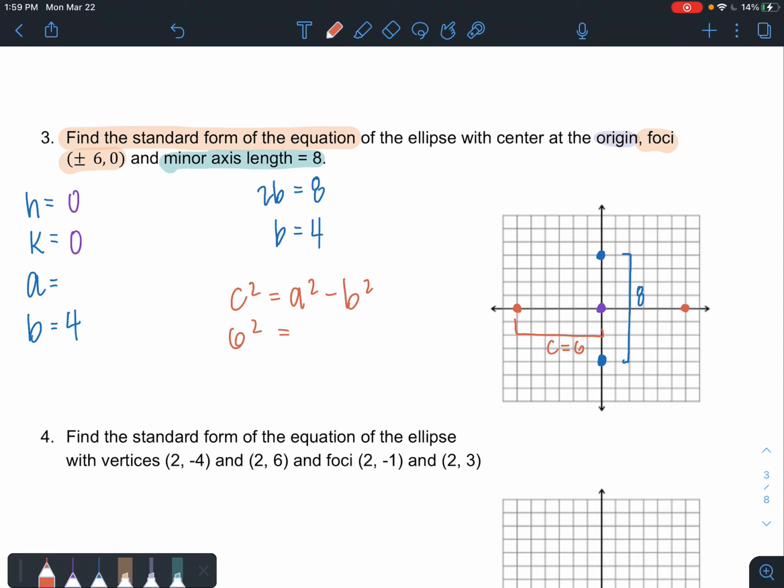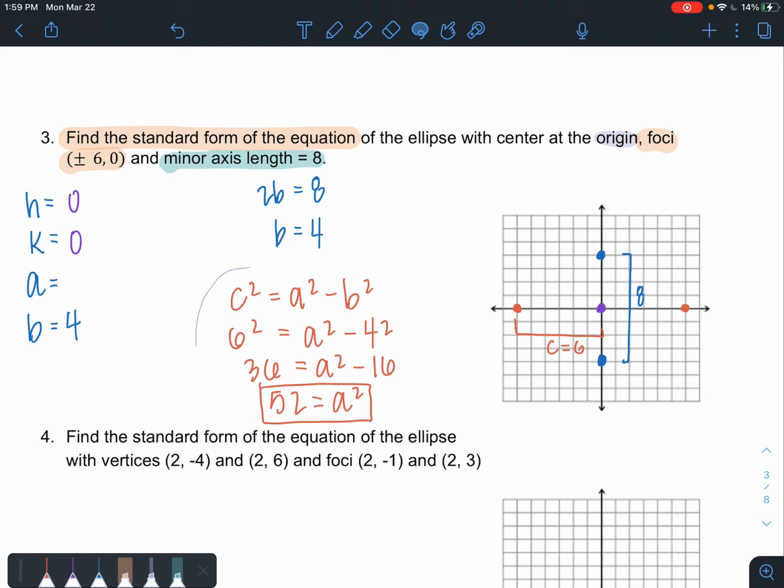So 6 squared is equal to a squared minus b squared. B is equal to 4. So I have 36 is equal to a squared minus 16. Add 16 to both sides. 52 is equal to a squared. And that's really what I need right there, is a squared.